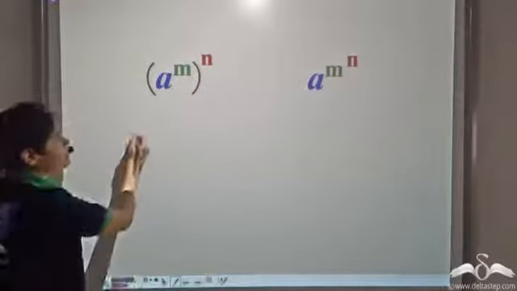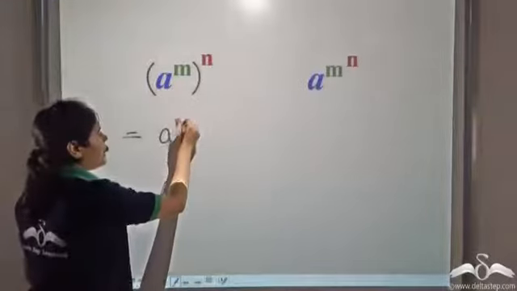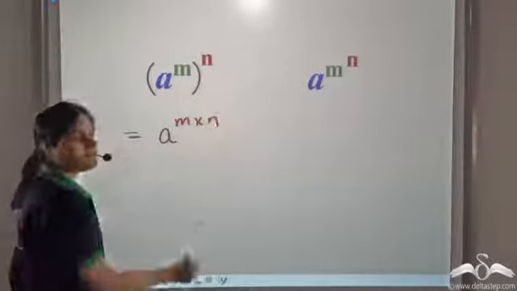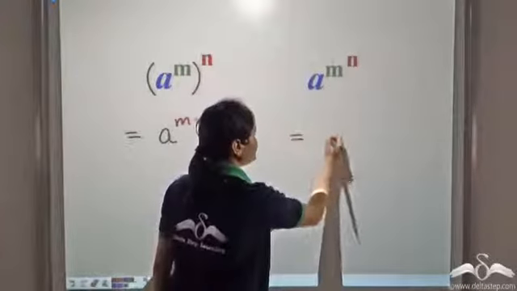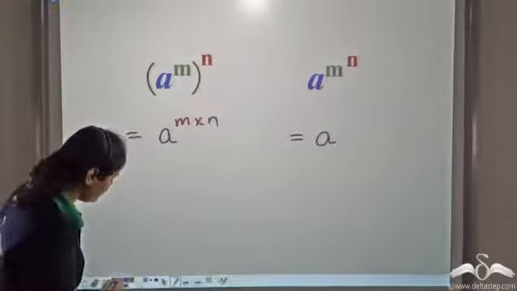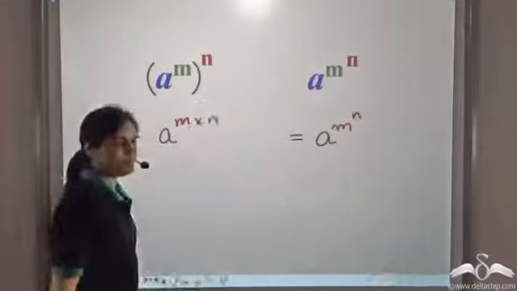This number is equal to a to the power m into n, and this number is equal to a to the power m to the power n.